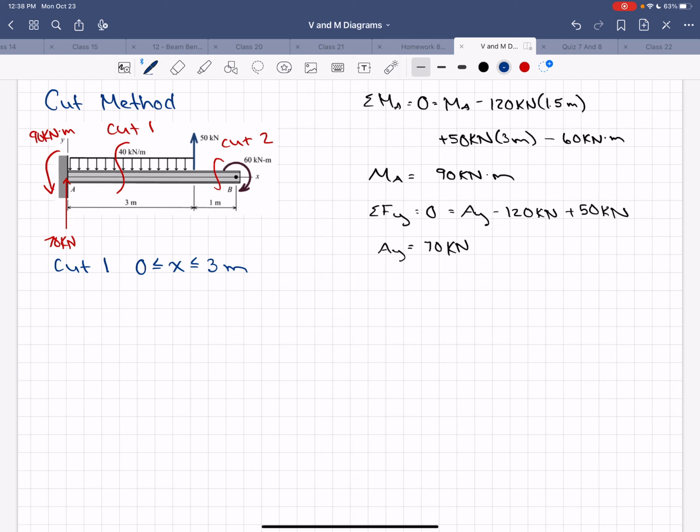So now we're going to cut it and look to the right for this first cut.